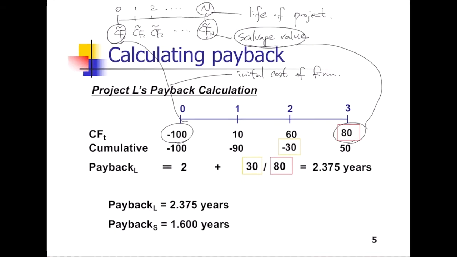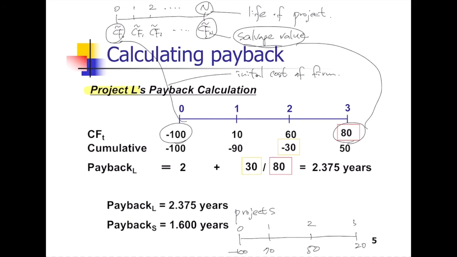Let's assume we have two projects, project L and one more project, named project S. This project has cash flows like this: at 0, 1, 2, 3, the cash flow is minus 100, 70, 50, and 20.